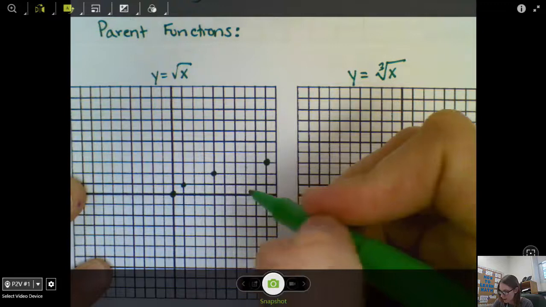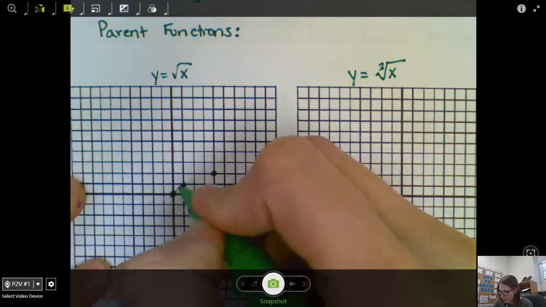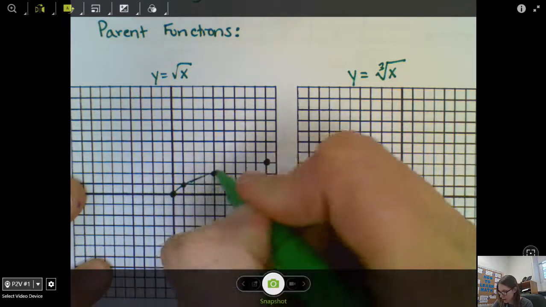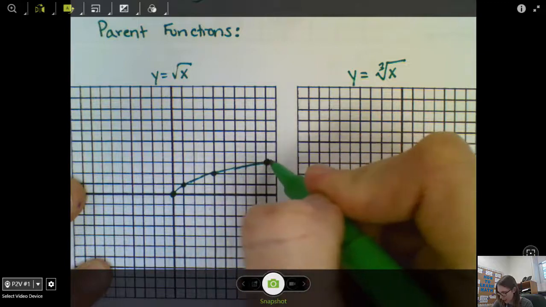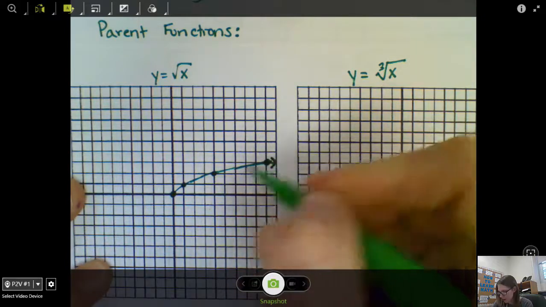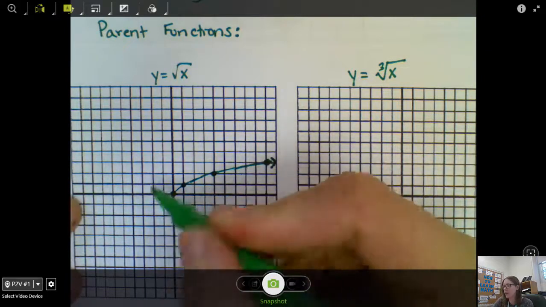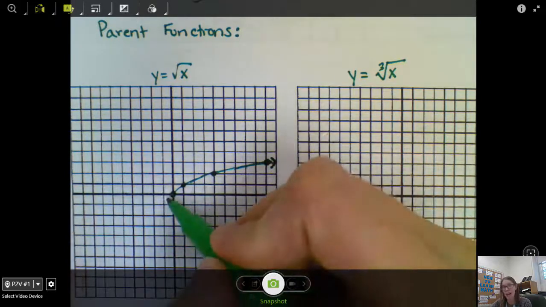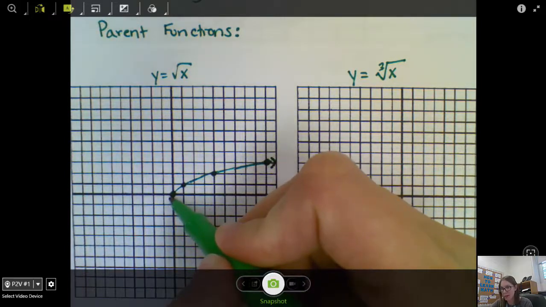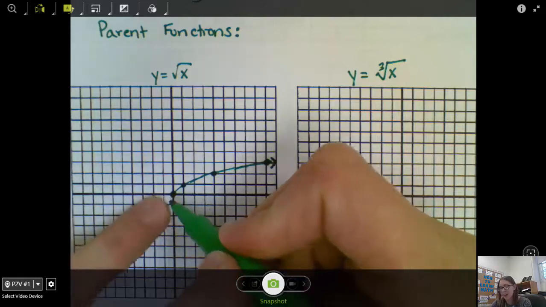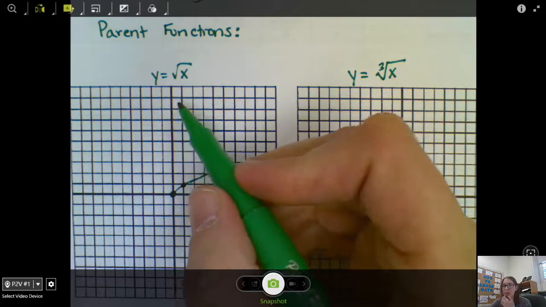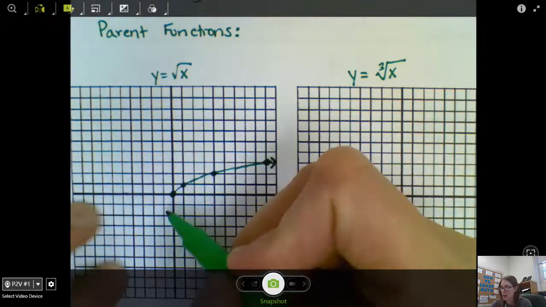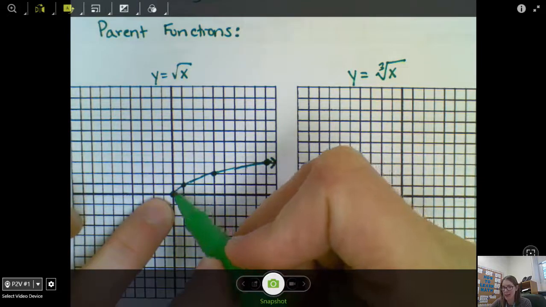And my function, if I connect the dots, looks like this. So you might be thinking, does it really stop here? Does it keep going? Do I want an arrow on this end? It stops here. No arrow on this end because I can't have a negative x value. A negative x value would give me something imaginary. So it stops here, does not keep going.